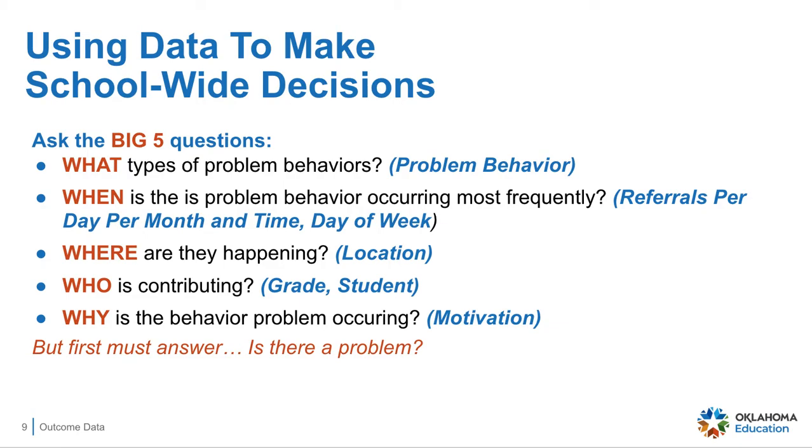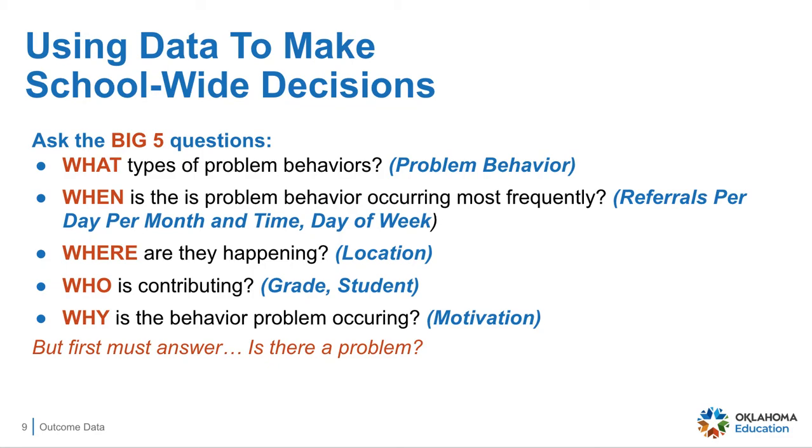Here is a guide to the problem-solving process. For the purpose of school-wide PBIS, we are going to focus on ODRs as one of the main sources of data that you can use to monitor the impact of your universal system. In doing so, there are 5 big questions that you can start with the problem-solving process.